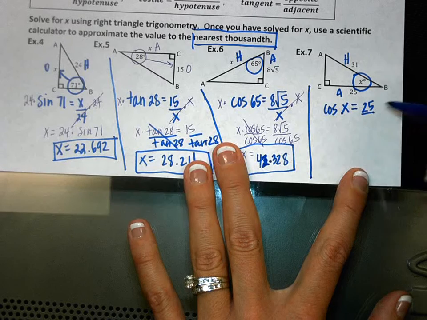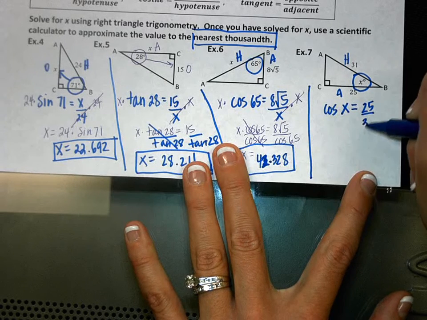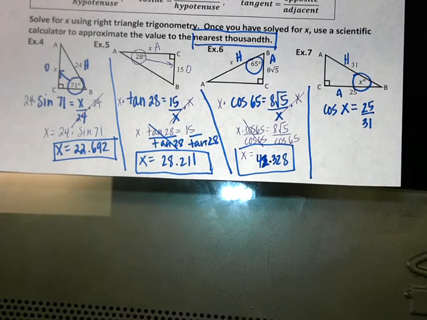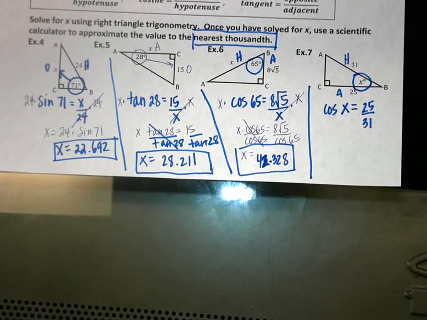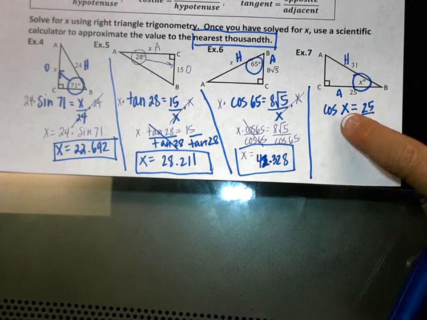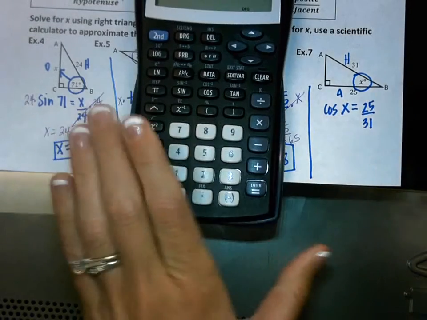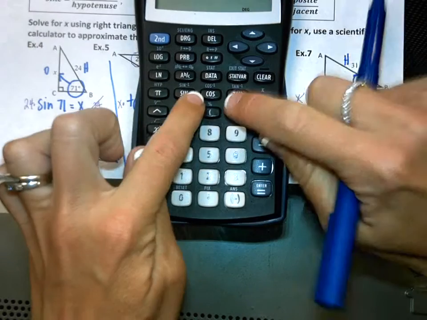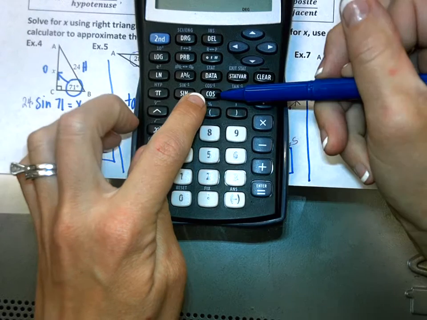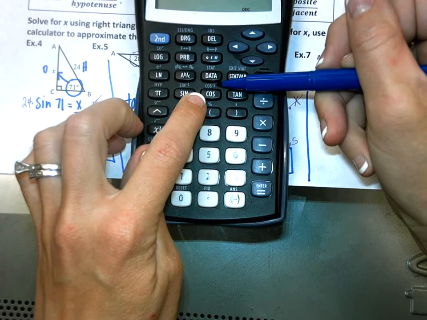25 over 31. Now, this is where you're going to end up doing your inverse function. Anytime you are finding the degree, you're using your inverse. If you are looking at your calculator, your inverse function is right above your actual function. And see how it says cosine to the -1?